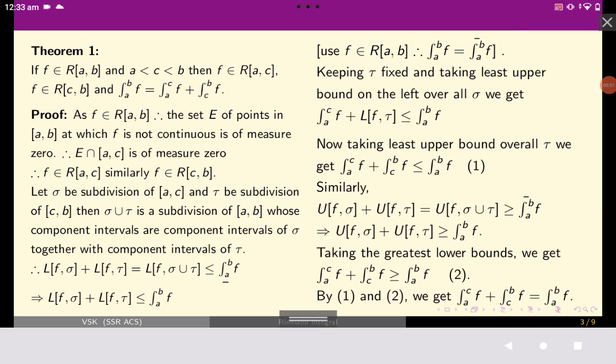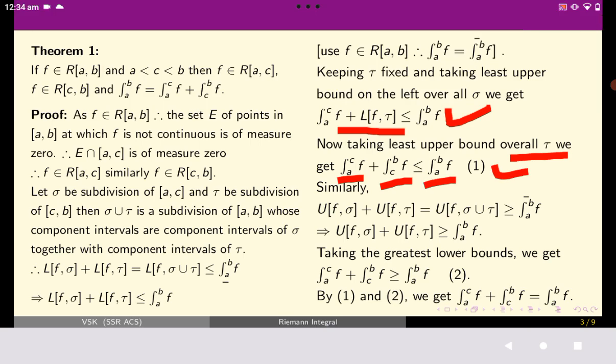Now from here, we take the least upper bound over all tau, because this holds for any tau. So we get the integral from a to c of f plus the integral from c to b of f is less than or equal to the integral from a to b of f. So this is the first inequality we have proved.